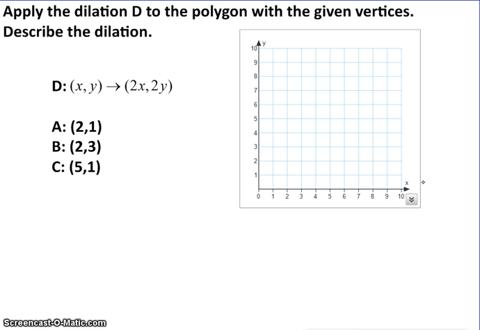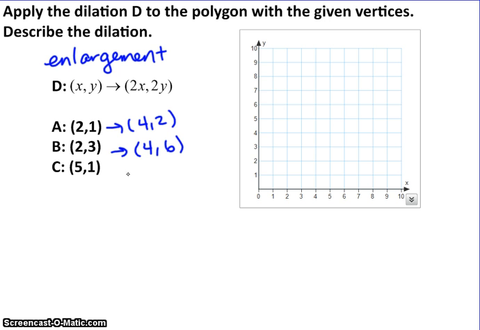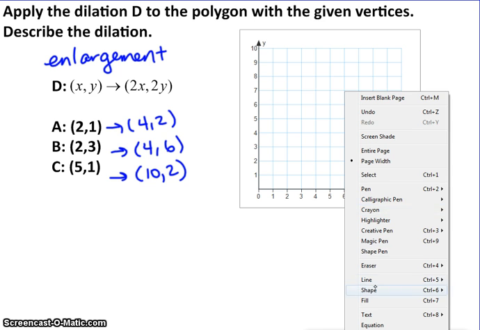Alright, so let's go ahead and try some practice of doing some dilations. First off, I know my scale factor is 2, so this would be what we would call an enlargement. So first off, I would multiply every x and every y by 2. Now I'm going to graph the first one.